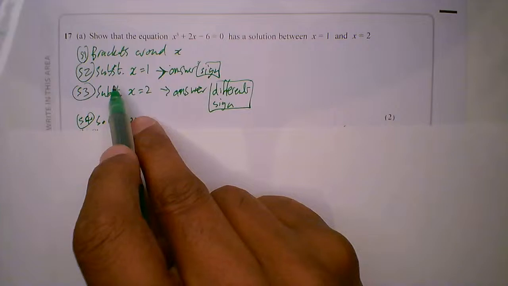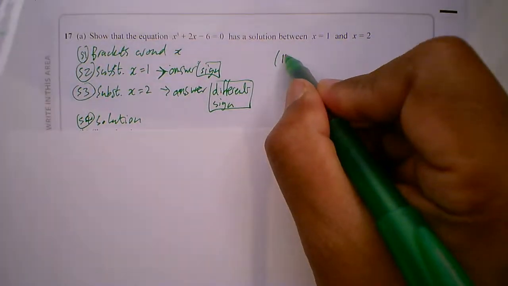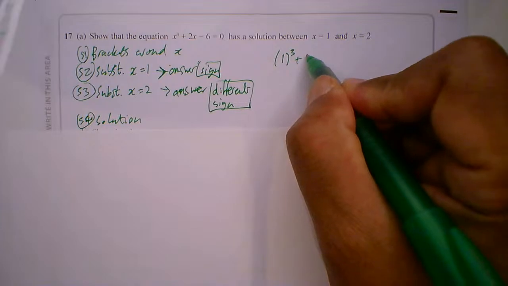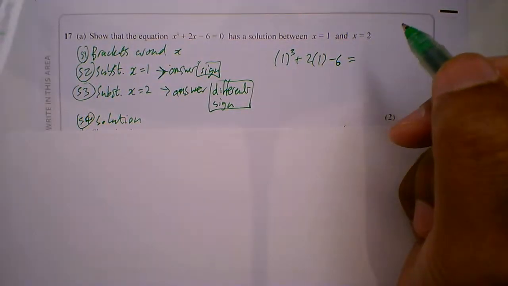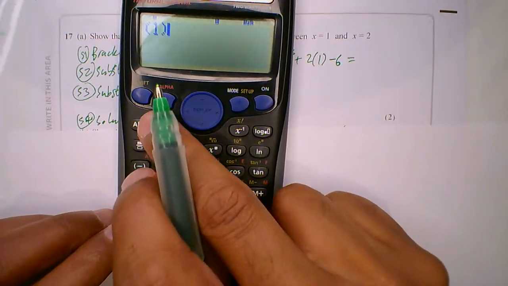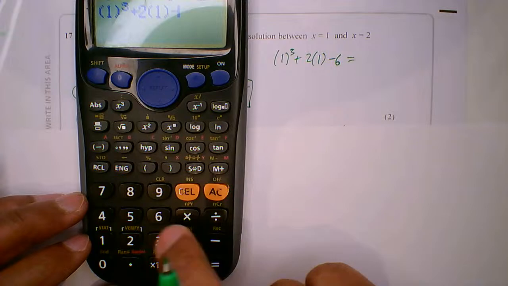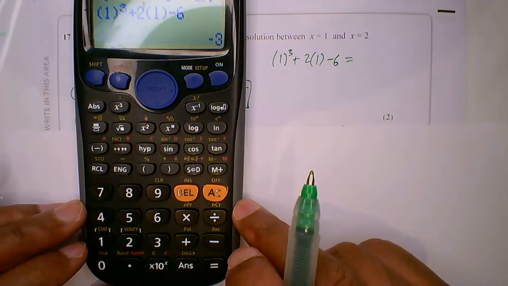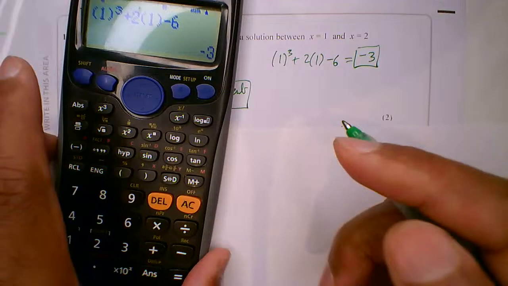So I'm just going to go straight into step 2. I'm going to replace it with 1 cubed plus 2 bracket 1 take away 6. Let's put that into our calculator. It gives us minus 3, so you can see here it's a negative.